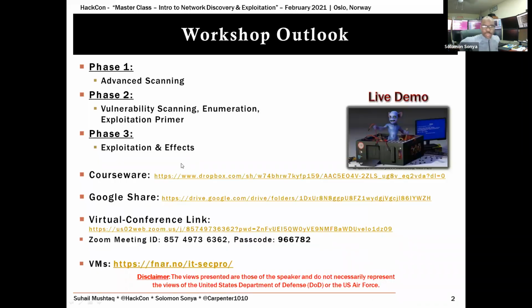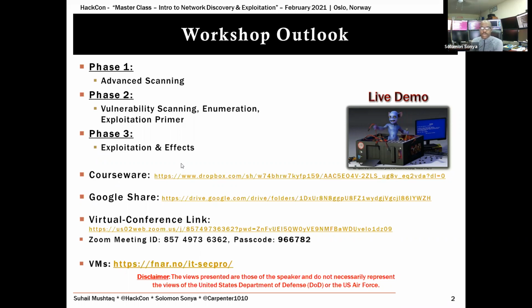Okay, so this is our overview for the workshop for the next 2 days after today. We'll go through three phases, covering some of this discovery and then exploitation. The first phase, we'll do advanced scanning. So we start out from scanning. We see how we can perform scanning as attackers would normally try to scan and then exploit a machine.